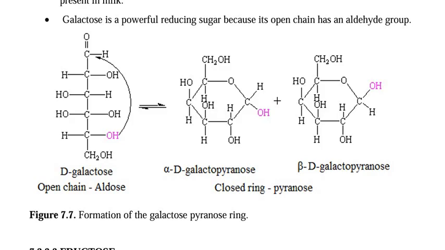The only difference is how these groups are arranged here. If I may write glucose here so that you see the difference: glucose had the carbonyl group with hydrogen, then this one here has a carbon. Let me just pick this space.